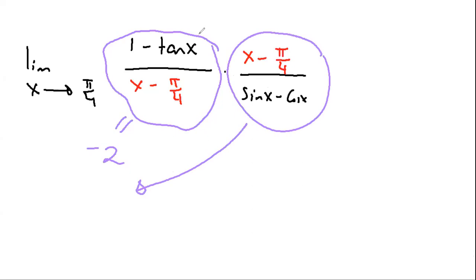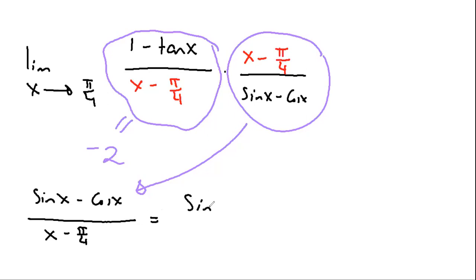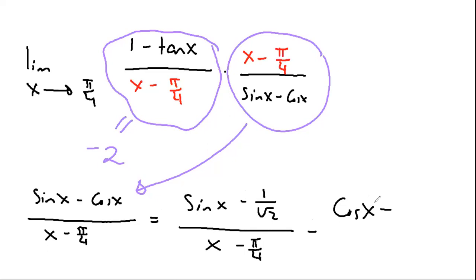So let's see here. If I have sine x minus cosine x divided by x minus pi over 4, this is the same thing as sine x minus 1 over root 2 over x minus pi over 4, and then minus cosine x minus 1 over root 2 divided by x minus pi over 4.